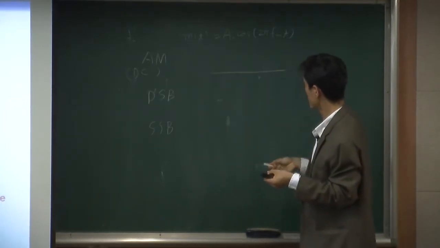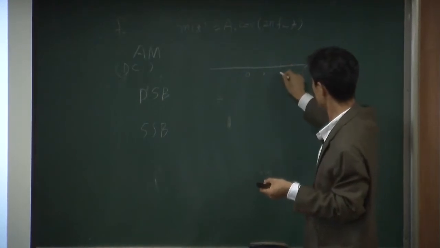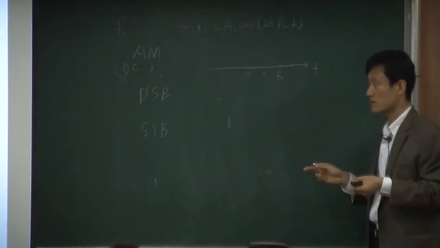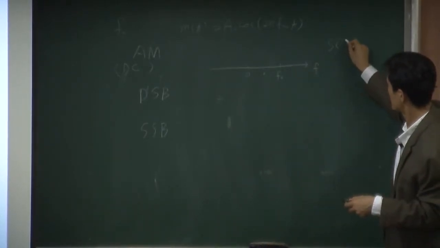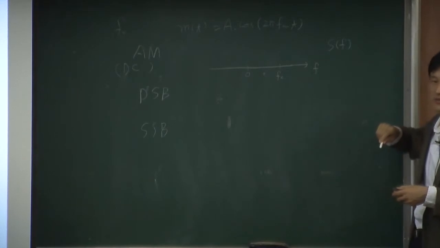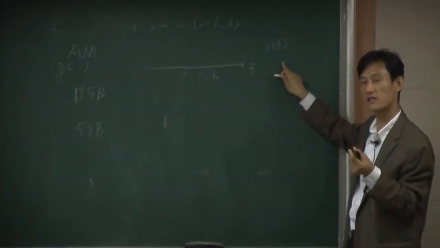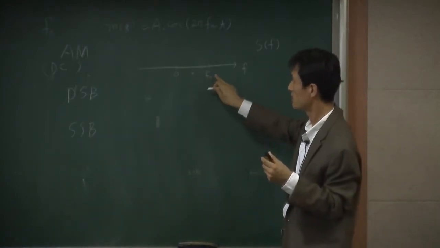Let's draw in the frequency domain. So here's the frequency domain, and here's the fc. Let's draw only the positive frequency. So what is the picture eventually for s(t)? It's a frequency domain, so let's draw S(f). S(f) is the frequency response of your s(t), the modulated signal. So what does it look like in this case?